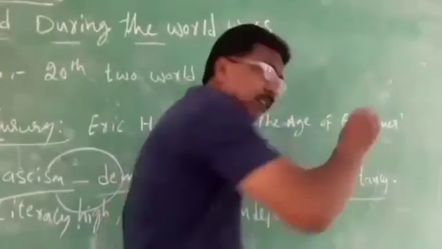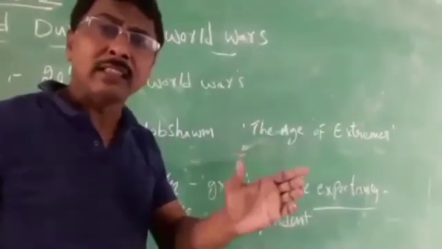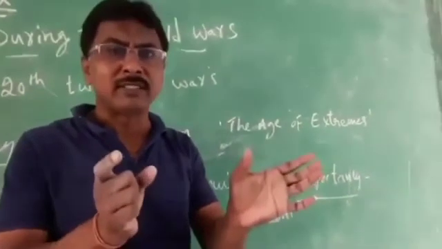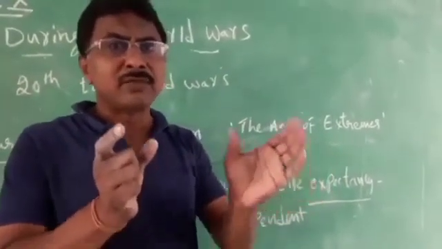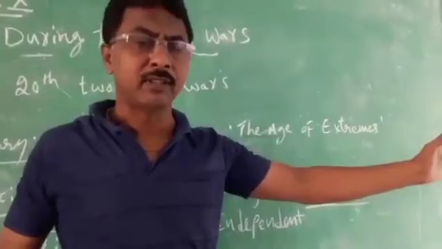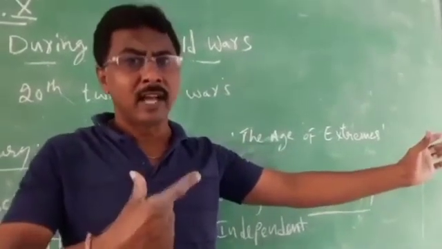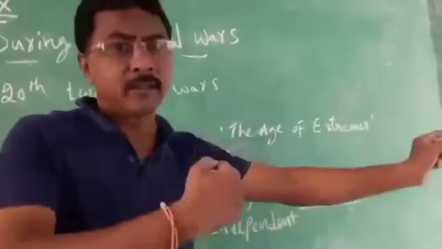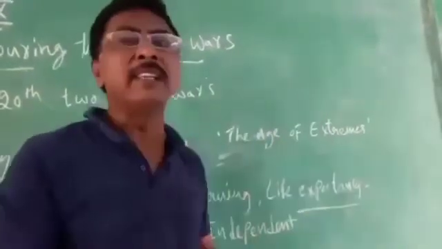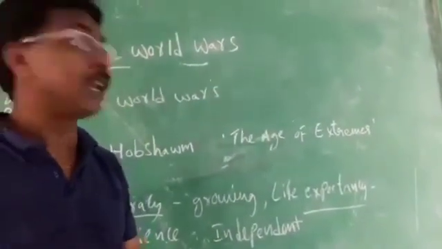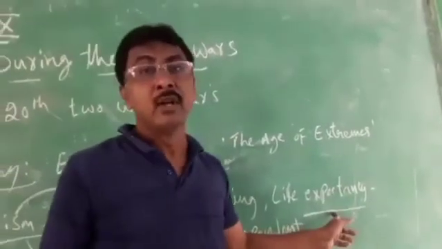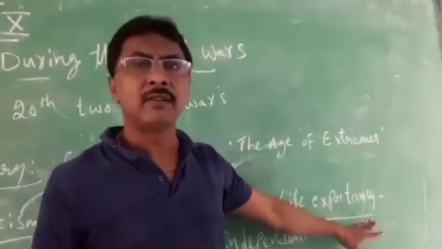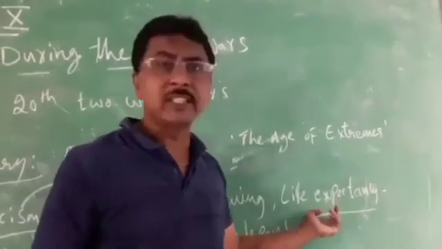It is the length of a person's life, from birth to death, how many years he has lived. In those days people used to die at a young age, but medical facilities were developed.